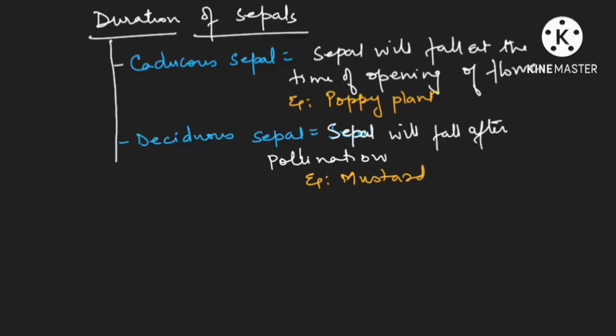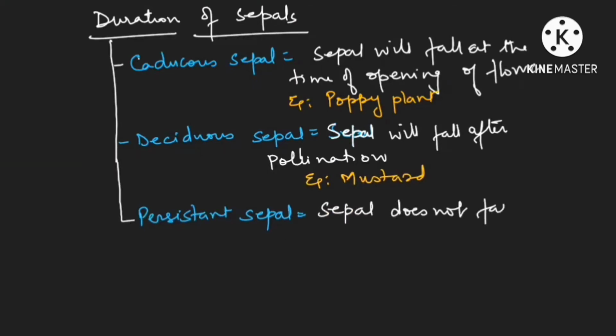But if the sepal does not fall, as you see in the tomato or brinjal, where you find a crown-like structure present, then we say it is a persistent sepal. Persistent sepal means the sepal does not fall and remains attached to the fruit.